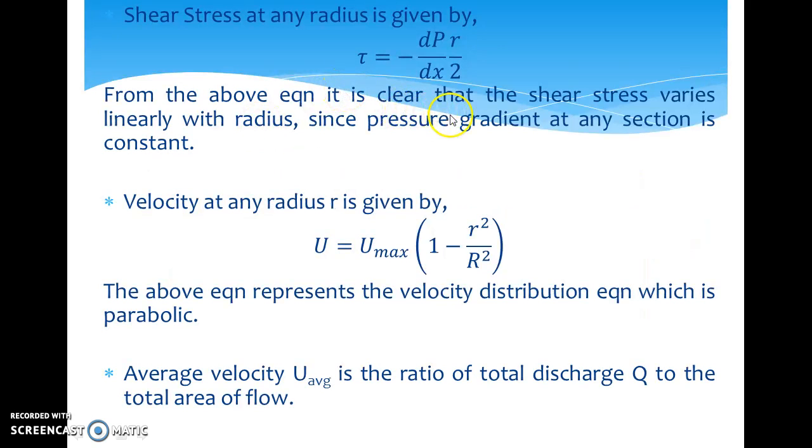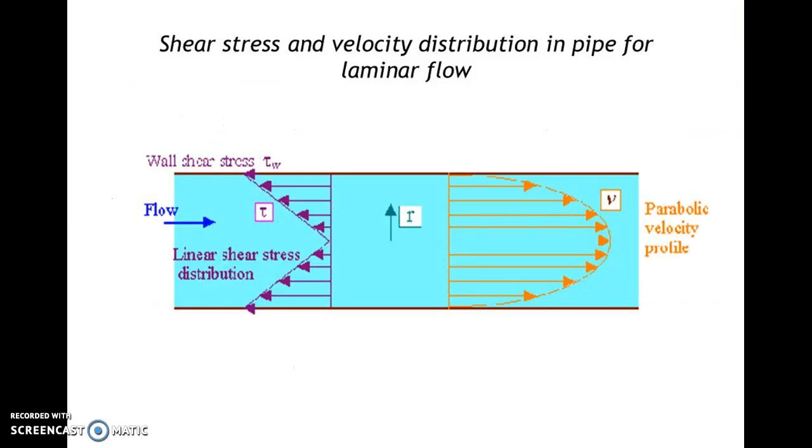From the above equation, it is clear that the shear stress varies linearly with radius, since pressure gradient at any section is constant. So tau is directly proportional to r, which is a linear relation. That's why the shear stress distribution looks like this, linear variation.